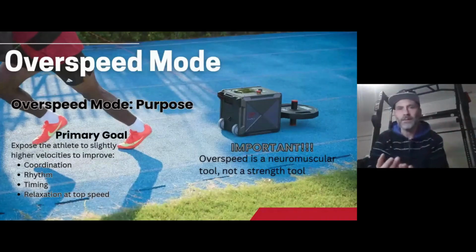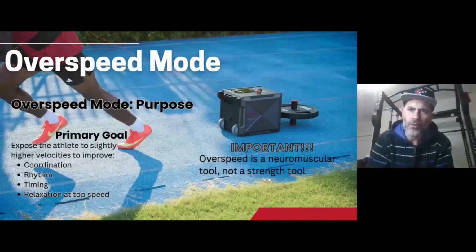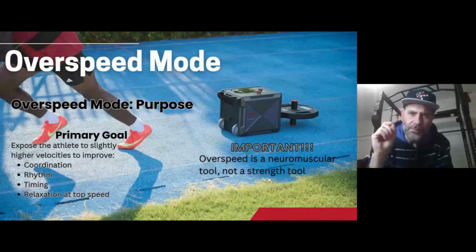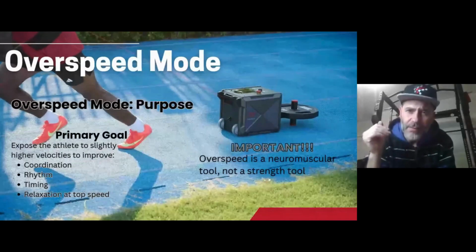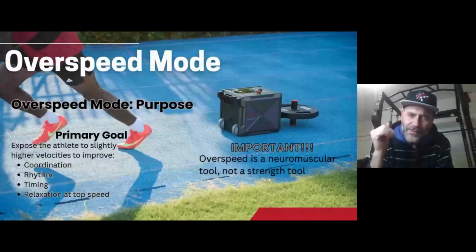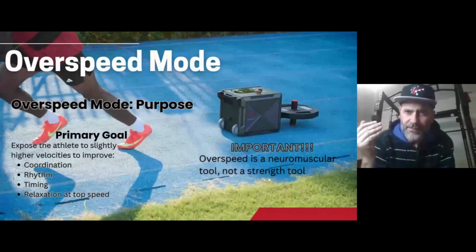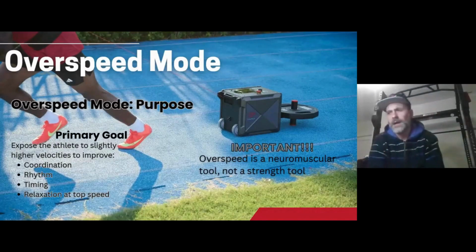Relaxation is an important element. And it's very, very important that you understand that when we talk about relaxation, we're not talking about the athlete being passive, but about the athlete relieving unnecessary tension in order to express maximum speed.